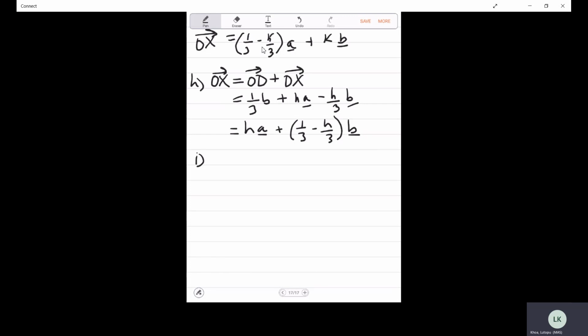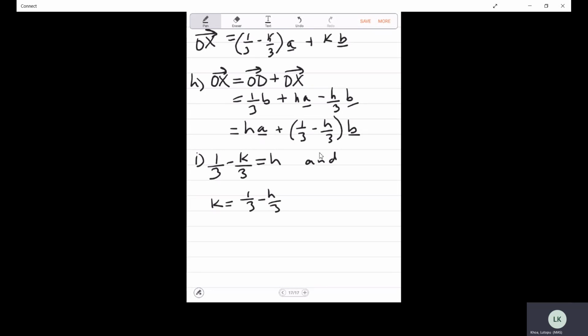Now, if two vectors are equal, it means their A components, the coefficients or the scalar multiples of A, are equal. So this means that 1/3 minus K/3 is equal to H, and K is equal to 1/3 minus H/3. Okay, so I look at the A components, that's this one, and it must be equal to the same one I got in the second question. And the B component must be equal to the one from that one. So I have two simultaneous equations, not a problem to solve.